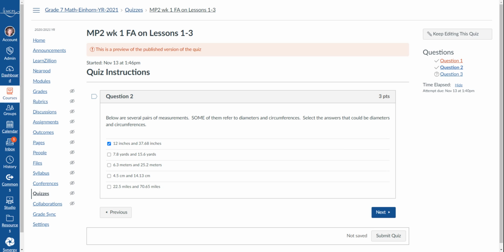If we do 15.6 divided by 7.8, we get 2. That is not an answer. If we get 25.2 divided by 6.3, we get 4. That is not going to be an answer. If we do 14.13 divided by 4.5, we get 3.14.